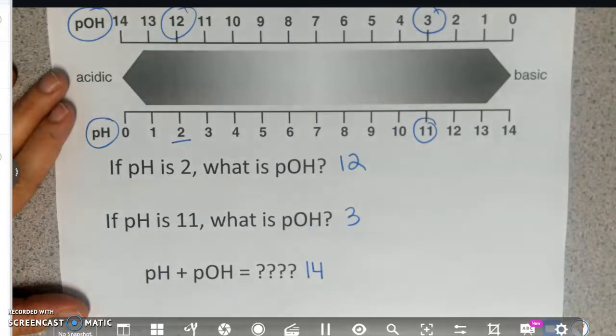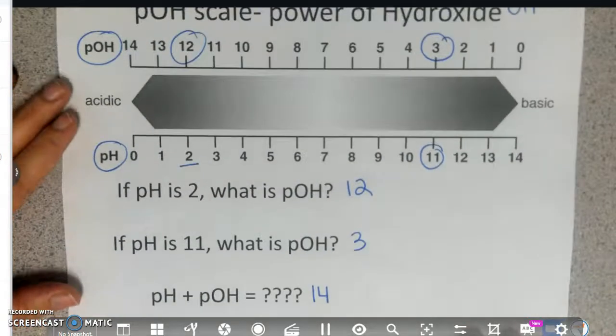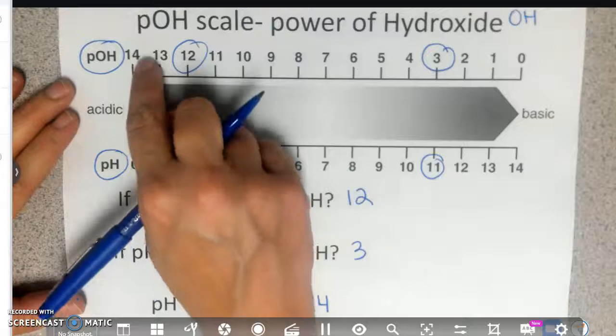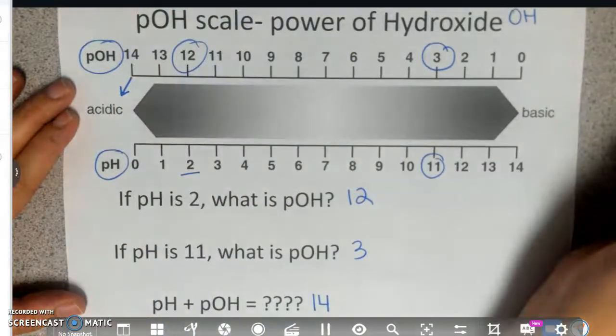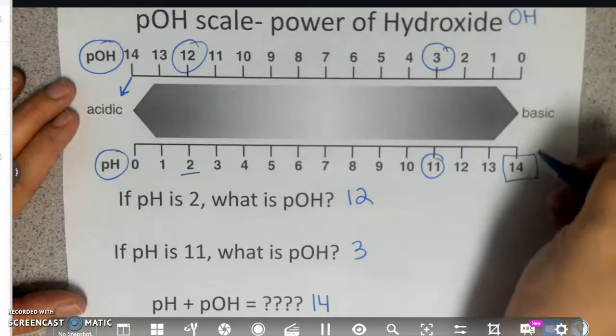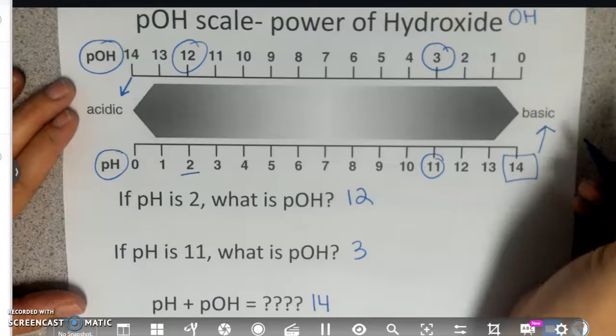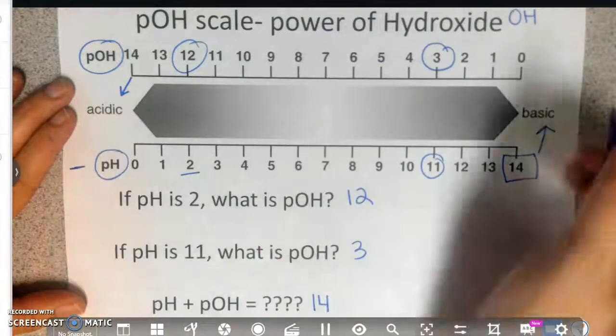Now, something that totally messes people up is the pOH scale. Because when you look at this, a pOH of 14 is an acid, versus you've kind of learned since, I don't know, 7th grade, that pH 14 is base. The pOH scale exists. I want you to think about, in terms of acids and bases, the pH scale.